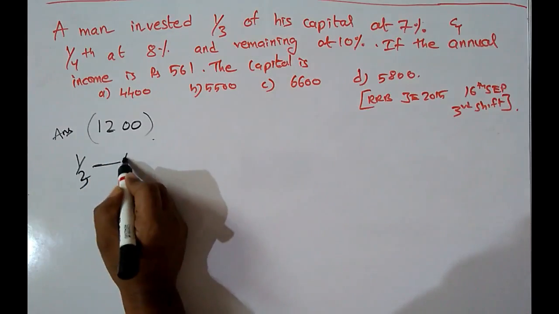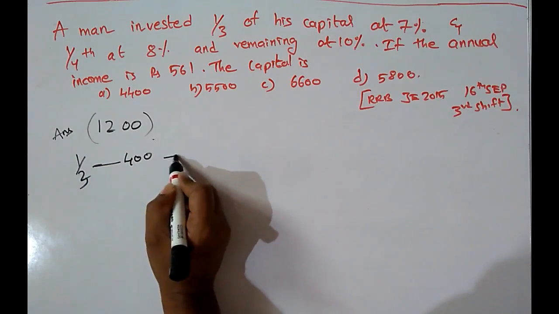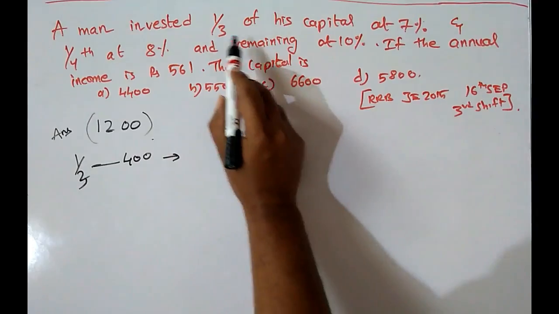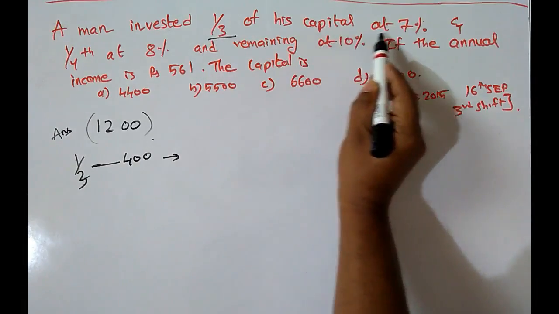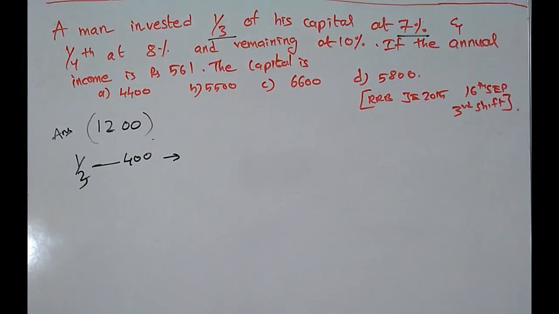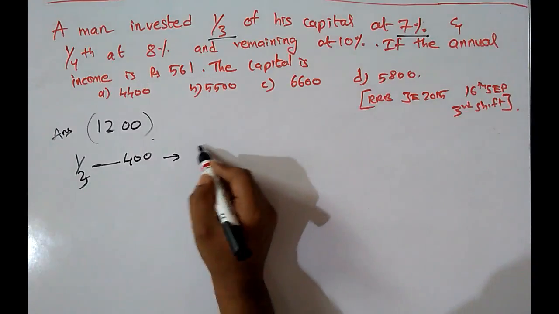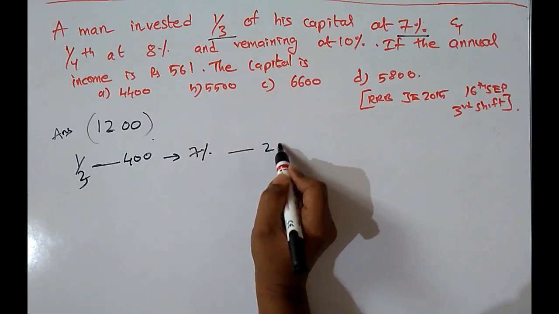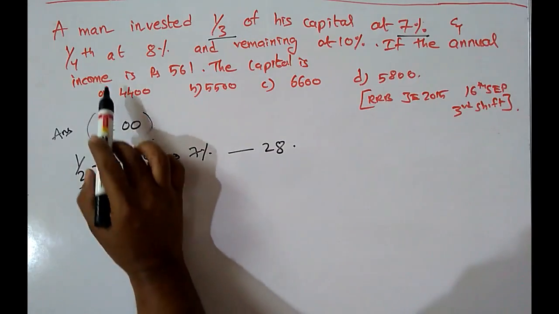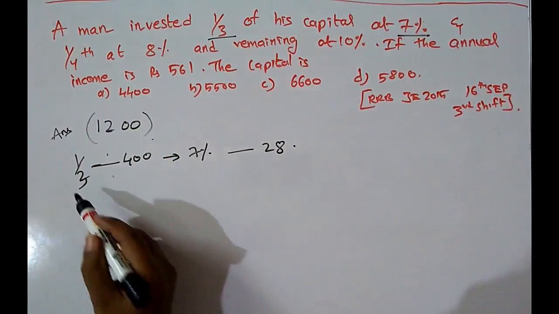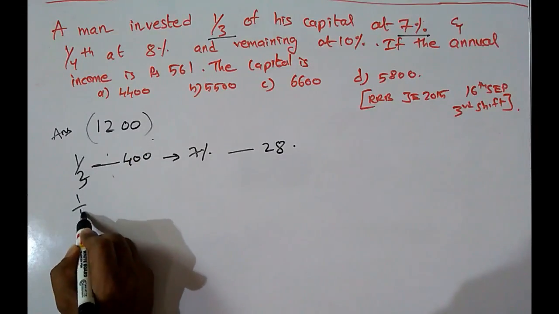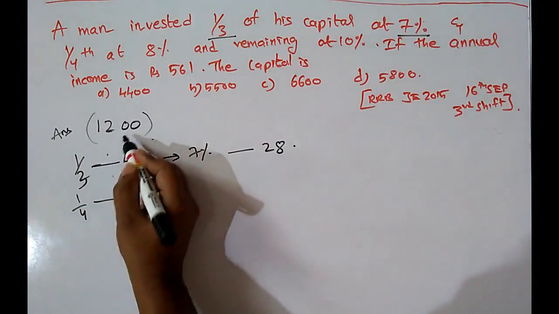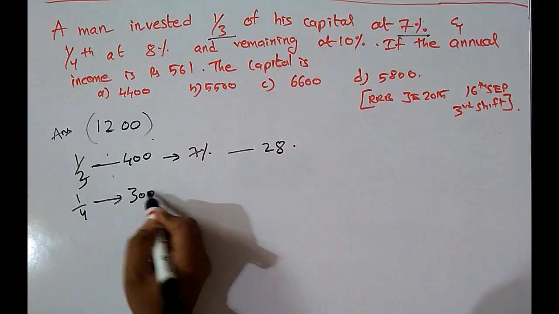One third of 1200 is 400, and this 400 is at the rate of 7%. 7% of 400 is 4 sevens are 28. One fourth of 1200 is 300.